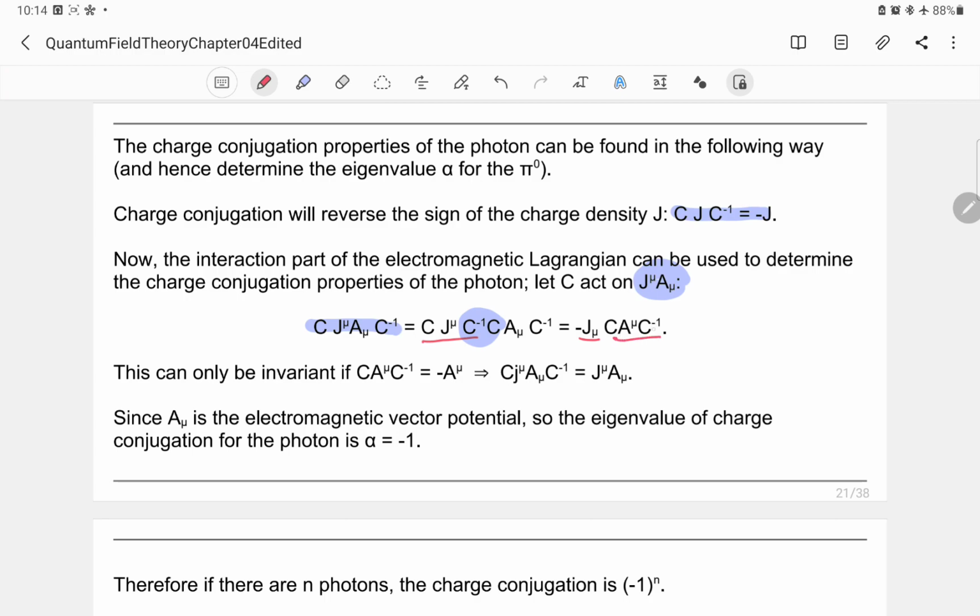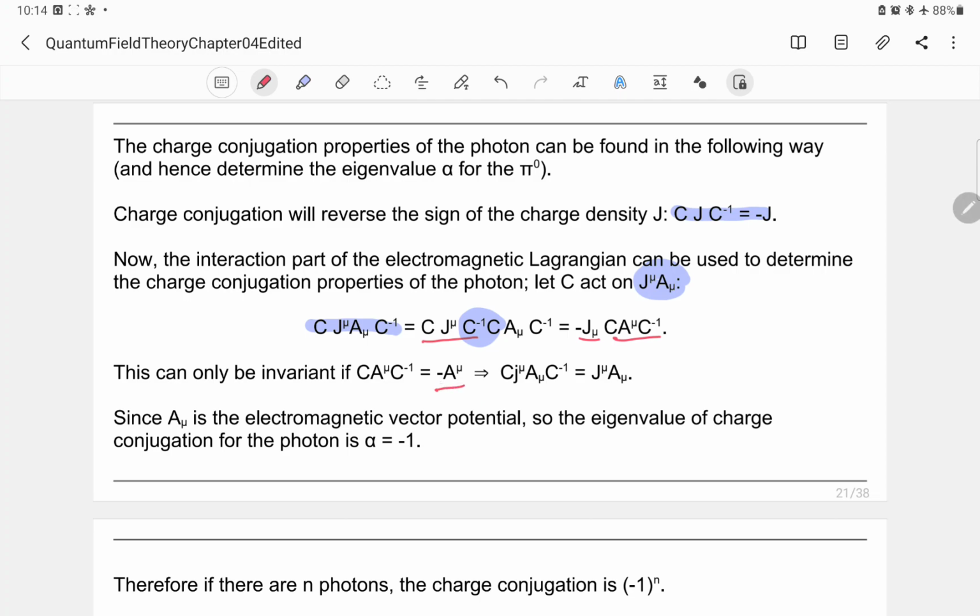And this one is of course the conjugation of your field, the field representing the photon, and that can only be invariant when you have this.